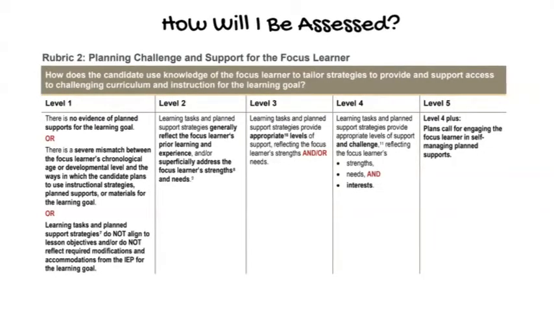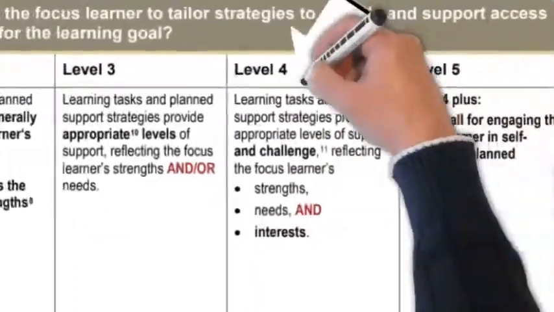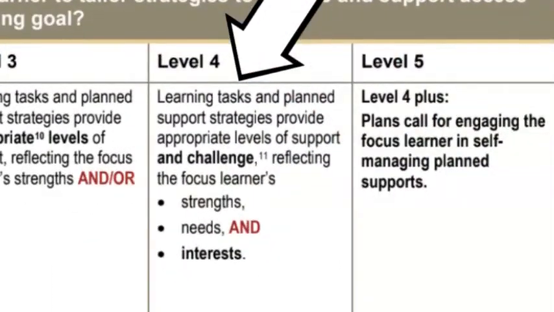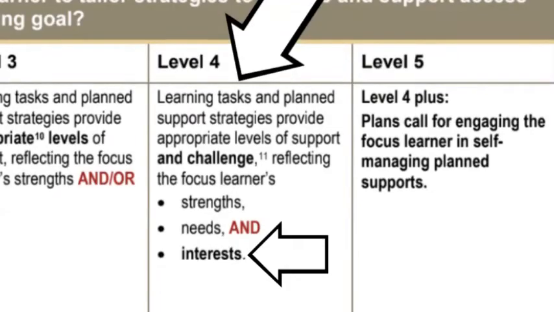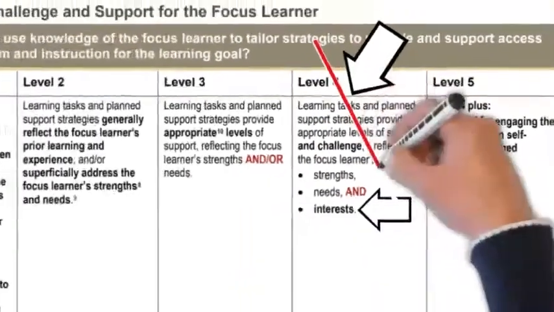To achieve a Level 4, you need learning tasks and planned support strategies that provide appropriate levels of support and challenge, reflecting the learner's strengths, needs, and interests. If your learning task does not address student interests, you would not be able to receive a Level 4 on this rubric. Every detail counts.